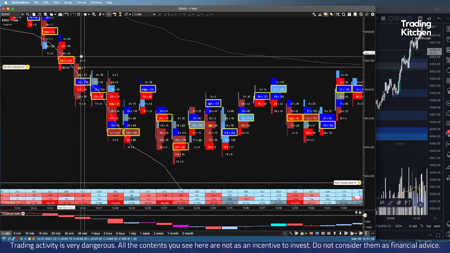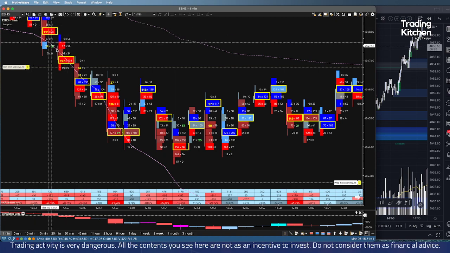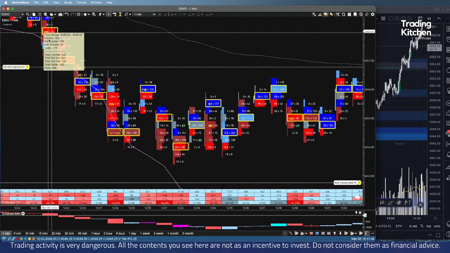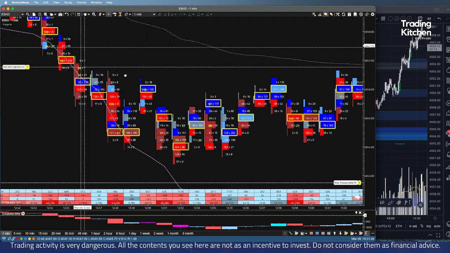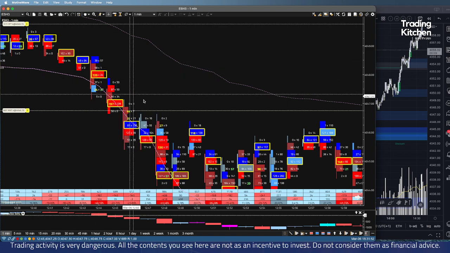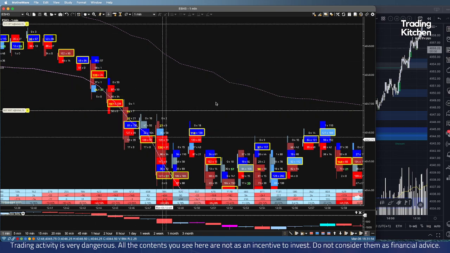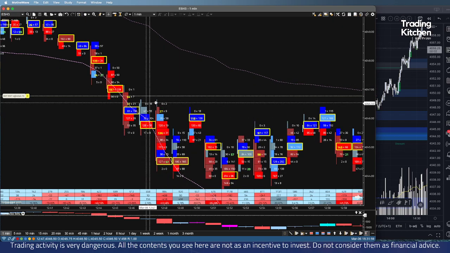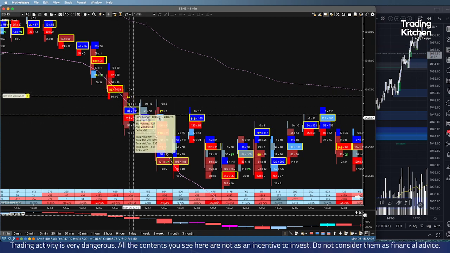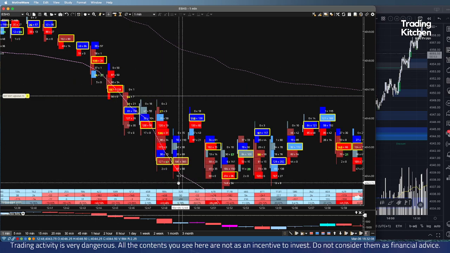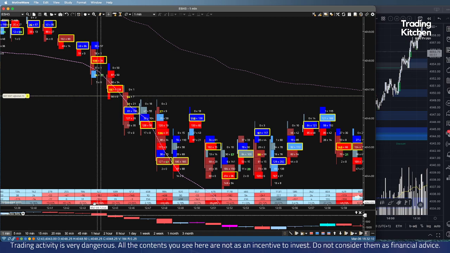As you can see, we have a lot of imbalances here, a lot of volume compared to all the numbers that you can see. So 139, 197, 128 are higher numbers. The yellow imbalances here mean there are a lot of sellers pushing price down.